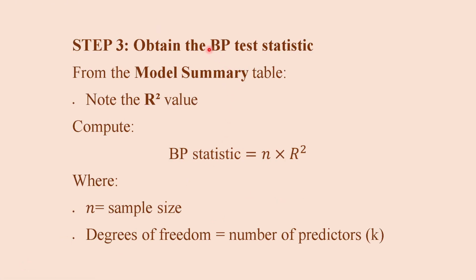To obtain the BP test statistic, from the model summary table we take the R-squared value and calculate the BP statistic as n multiplied by R-squared, where n is the sample size and k is the number of predictors.